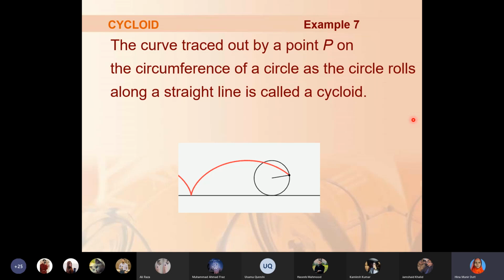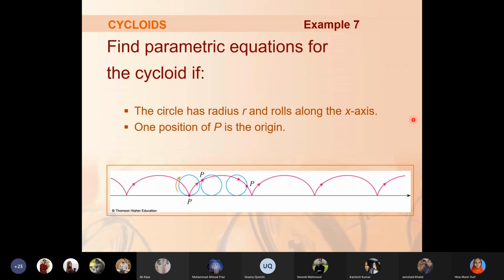Take any circle of any radius from home. Fix a point P with the help of a marker on the circumference of that circle, and then start moving the circle.